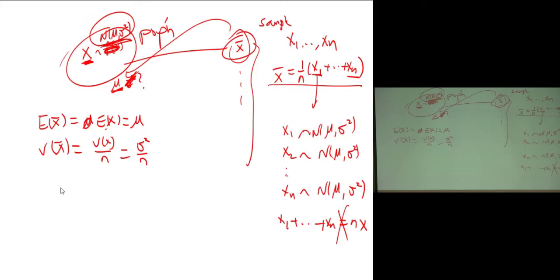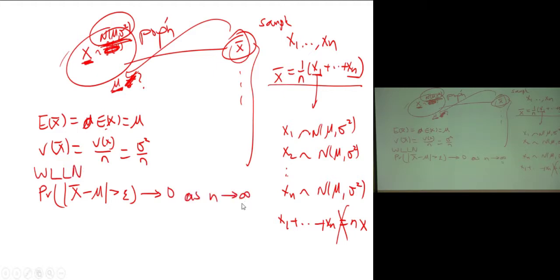It's saying that the chance that the absolute value of x bar minus mu is greater than any epsilon approaches 0 as n goes to infinity. This is the weak law of large numbers. Basically, if you get your sample size bigger and bigger, the difference between your estimate from your big sample and the true answer, which is mu, has a chance of being greater than any number epsilon that is almost close to 0.